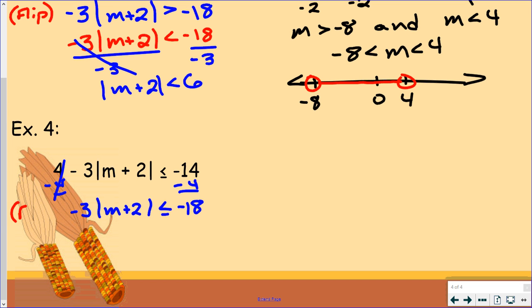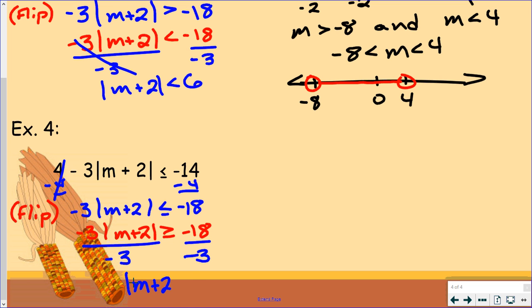So I have to flip the inequality. So that becomes negative 3 times the absolute value of m plus 2 greater than or equal to negative 18. Divide both sides by negative 3. So the absolute value of m plus 2 is greater than or equal to 6.